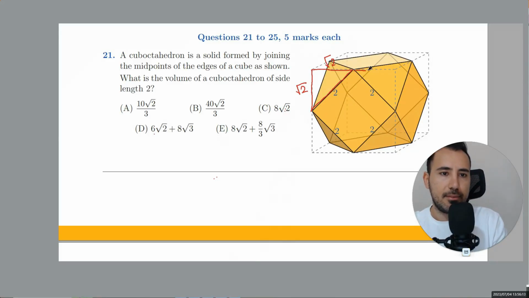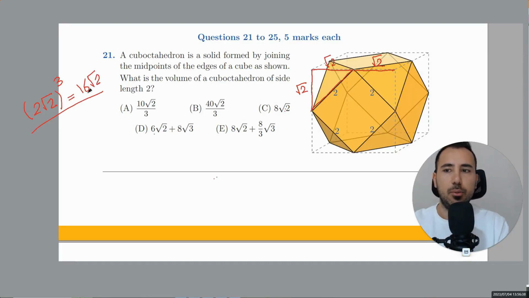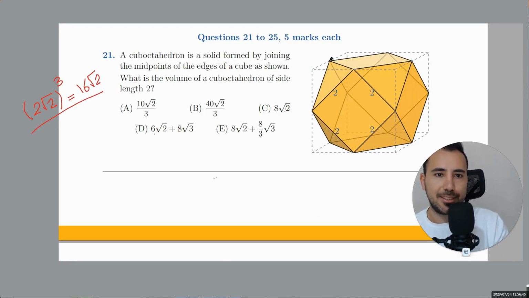So then we have the side of the cube. It's going to be 2 square root of 2. So the volume will be 16 square root of 2. That would be the volume of the cube. So to find the volume of the cuboctahedron, we just need to find the volume of this pyramid.